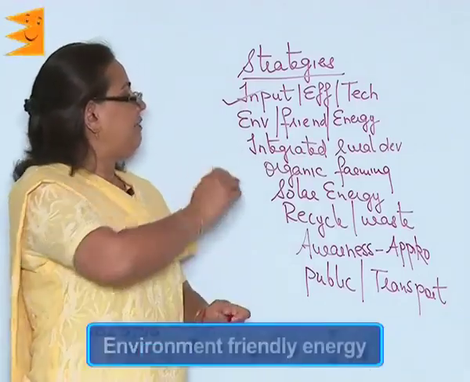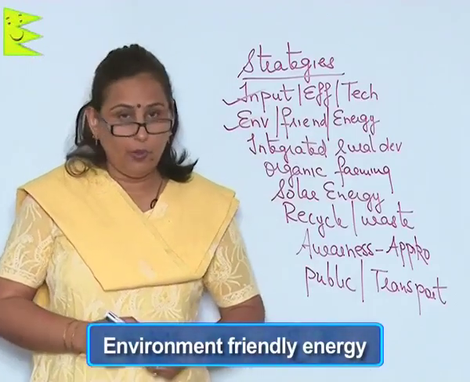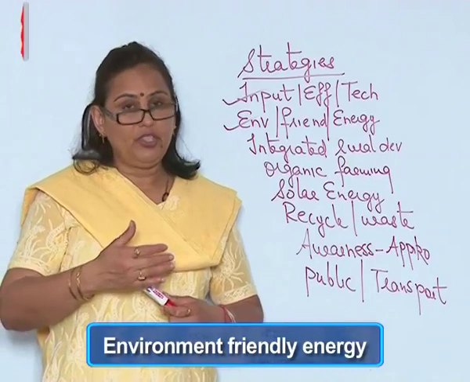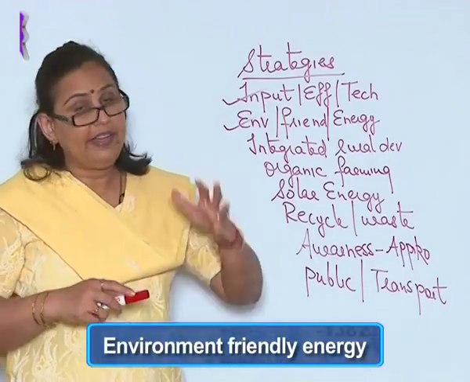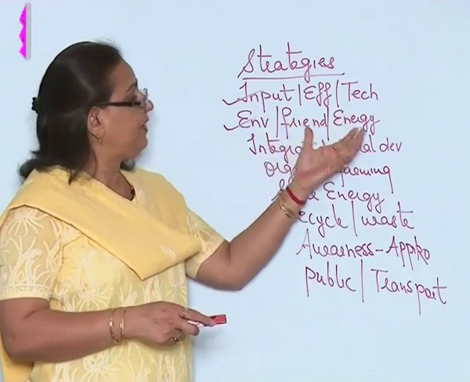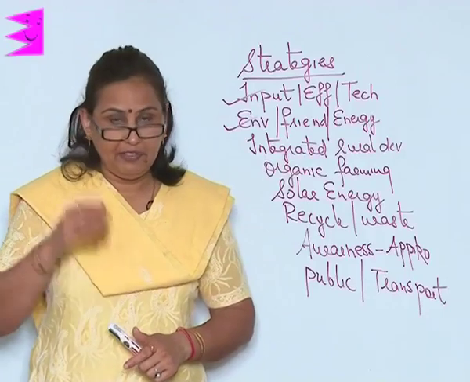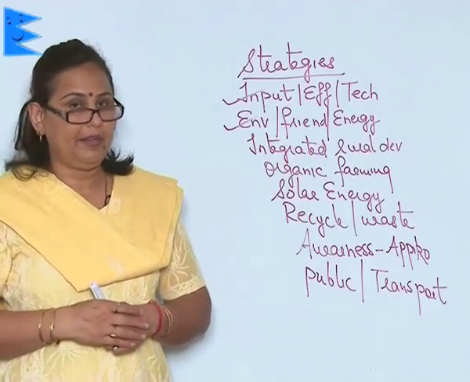The second is environment friendly energy. Instead of using coal, we can use LPG, CNG and such which give less pollution, and thus this environment friendly energy is definitely required for sustainable development.